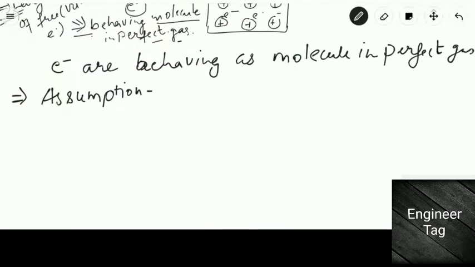First assumption is that electrons are behaving as molecules in a perfect gas. Second, these electrons move randomly in any direction. They are behaving as molecules of a perfect gas, so they will also follow its properties.